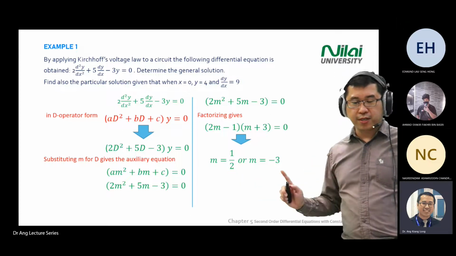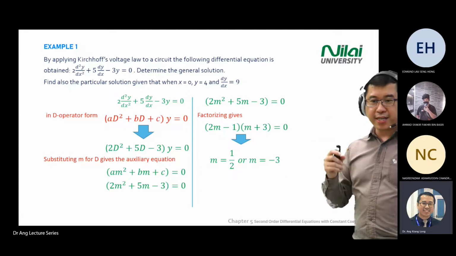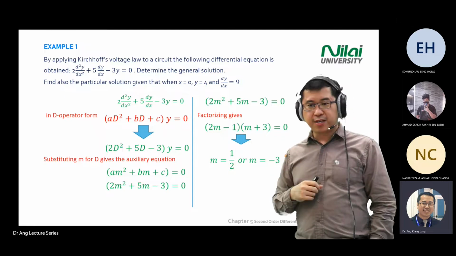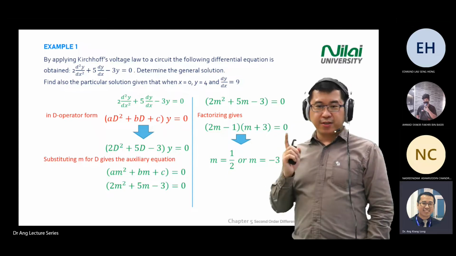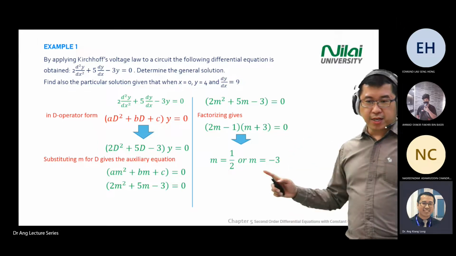You have three cases just now, right? Either you have two same answers, two different answers, or complex numbers. So here there are two different answers, so it is case one. This is Shakil's answer.